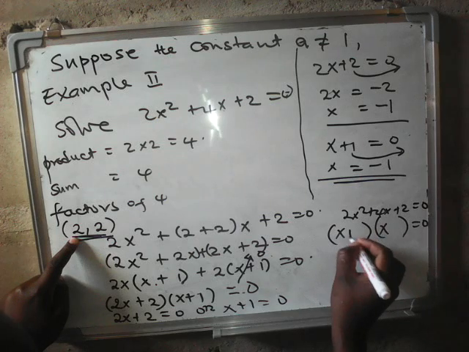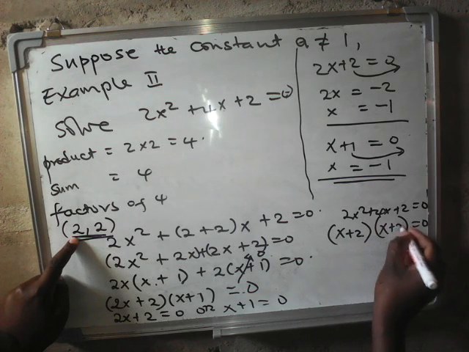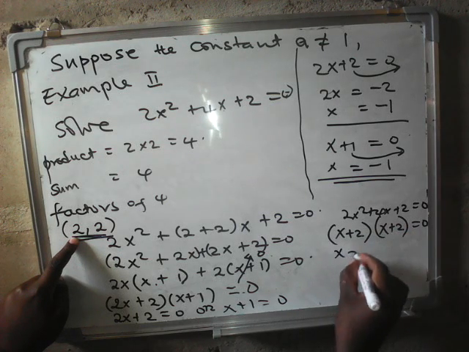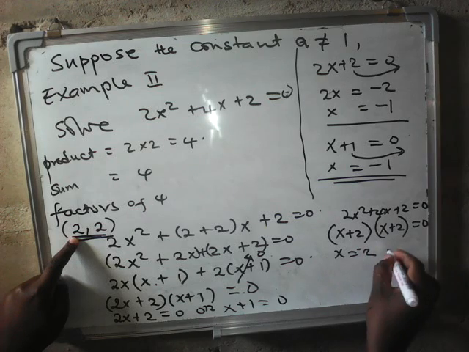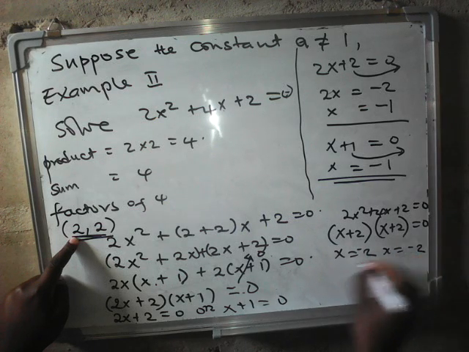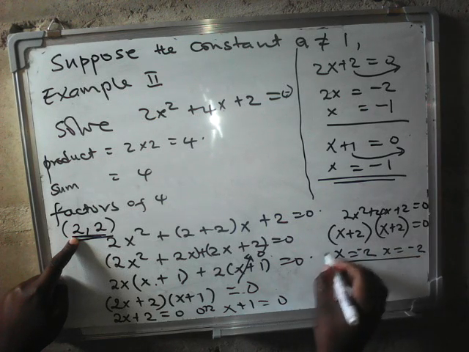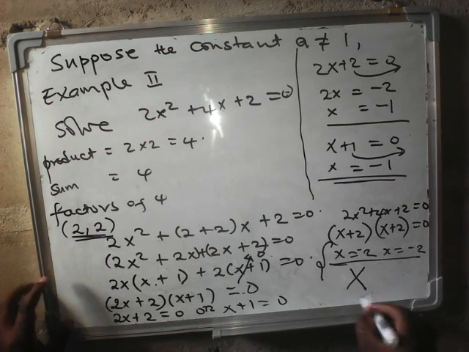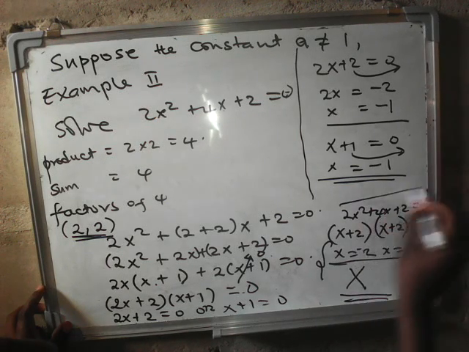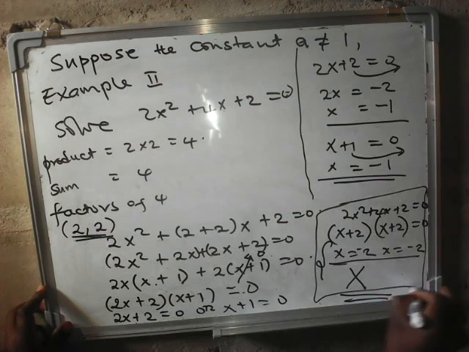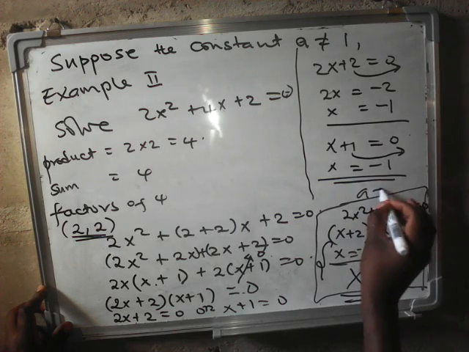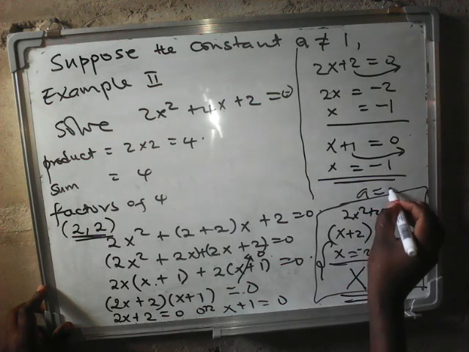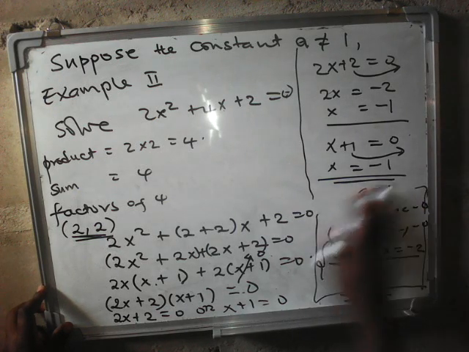Remember, then I place a 2 there, and I place a 2 there. This gives x is equal to negative 2, x is equal to negative 2. So you find that these answers are wrong. So this method here is applicable when a is equal to what? 1.